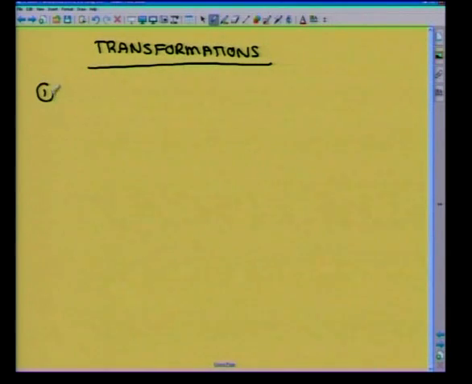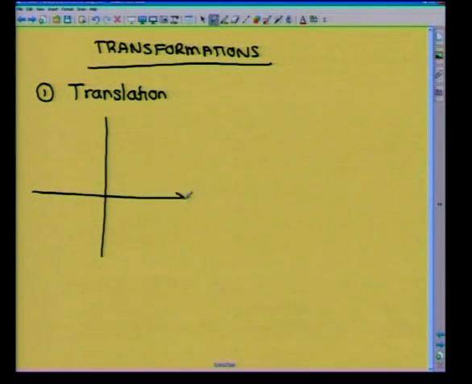Now, the first kind we get is what we call a translation. And basically, all that is if we've got a Cartesian plane and we stick a coordinate in over here, say, we can reposition it by telling the coordinate what to do. So, for example, if I've got (x, y), I could say to you, make it (x plus 1, y minus 7).